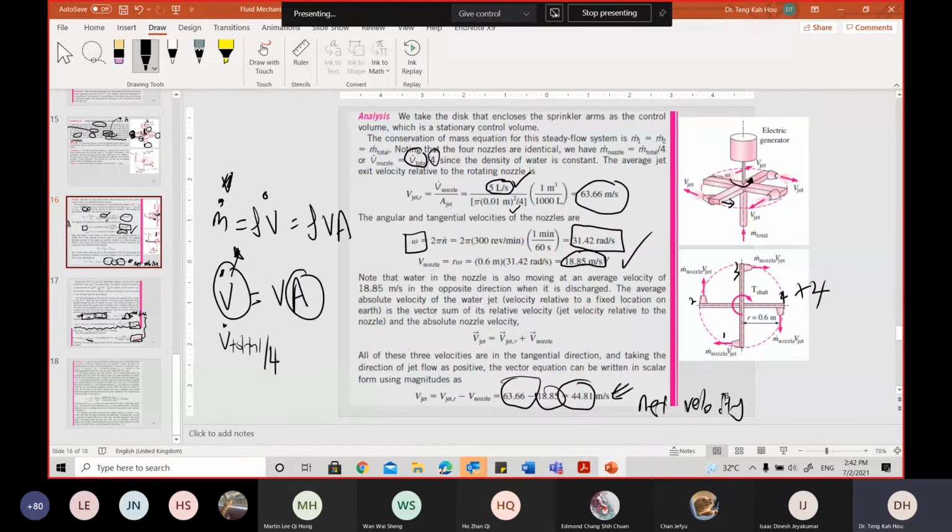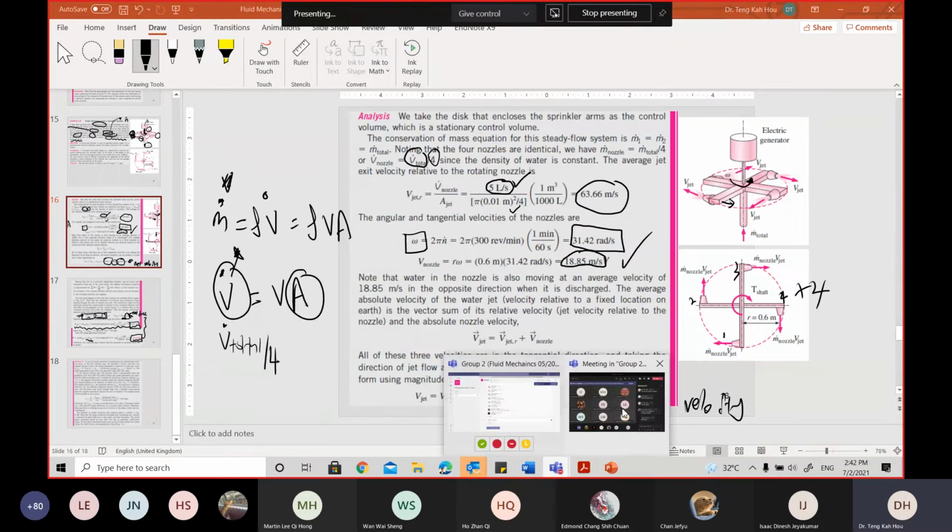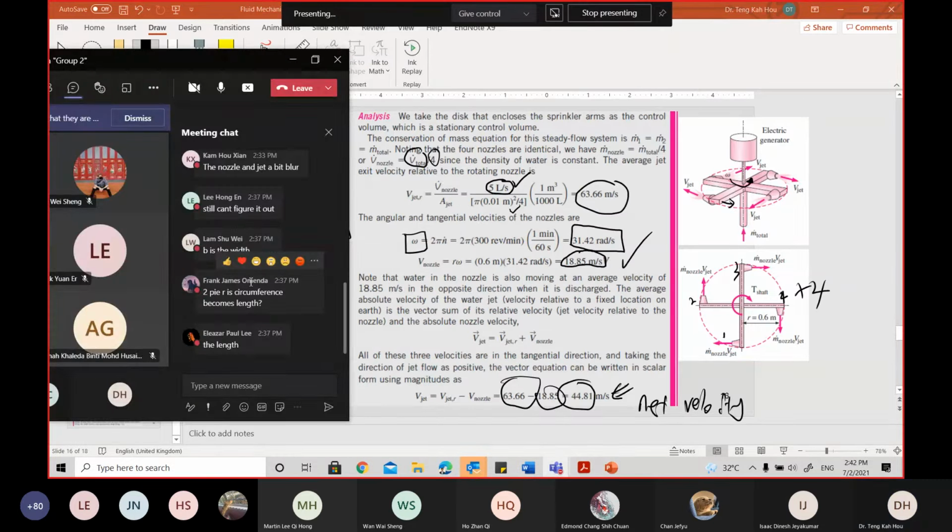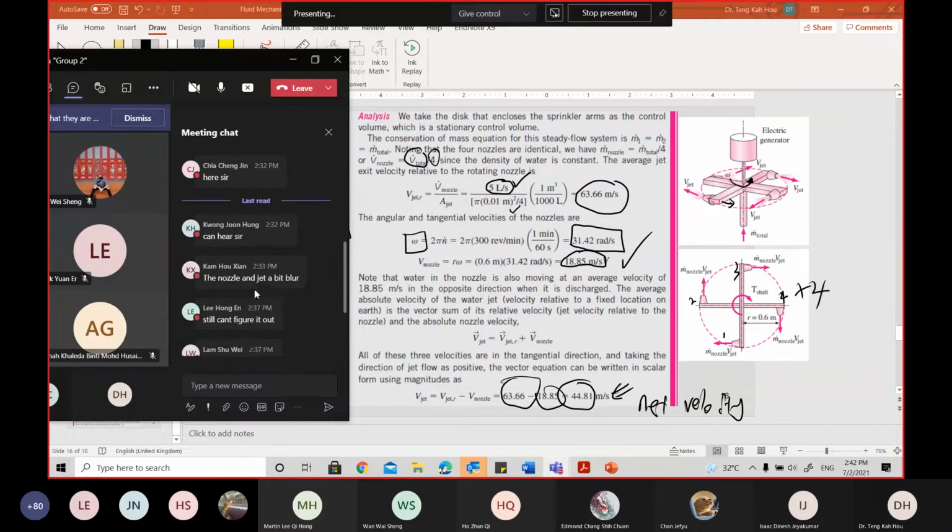So for the last part, just now there were some questions. The nozzle and jet is a bit blur. So you missed this part, am I right? Hao Xiang, do you mean here?